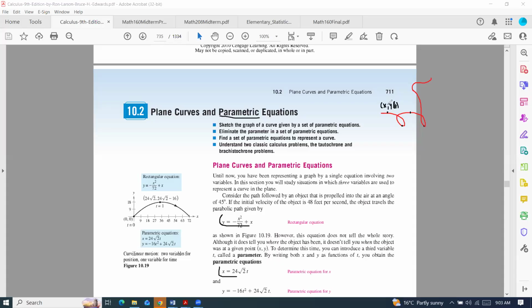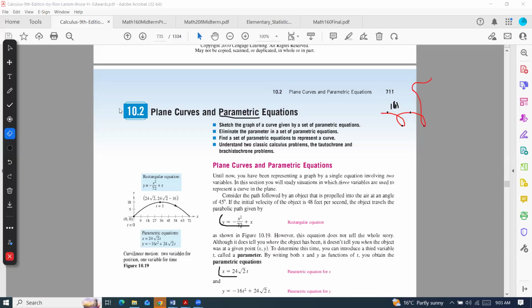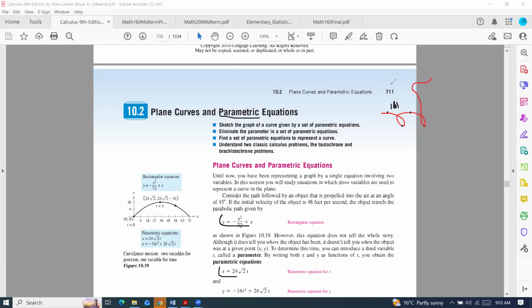So we are going to get a pair of two functions, both in terms of parameter t, or analog of time. It's x of t and y of t. But anyways, this is the point.